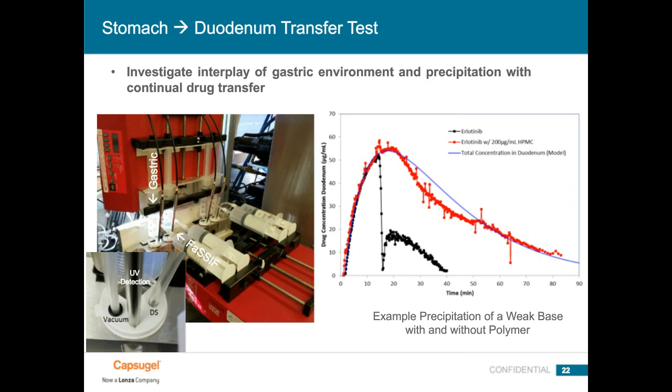And so we can use this test to really identify formulations which can inhibit precipitation.